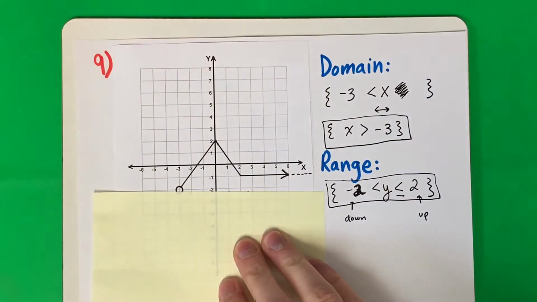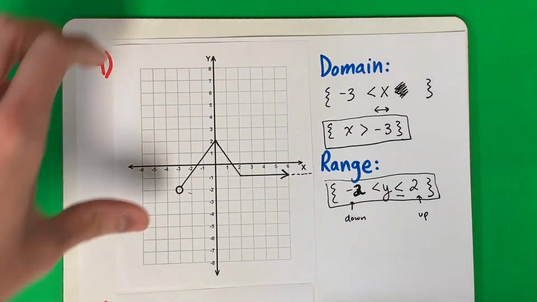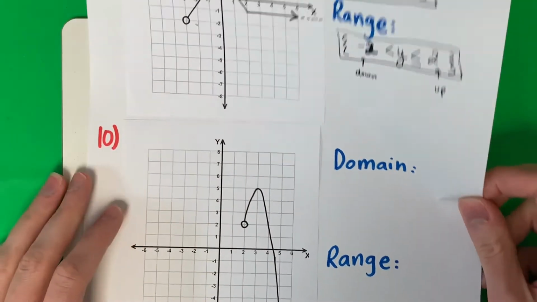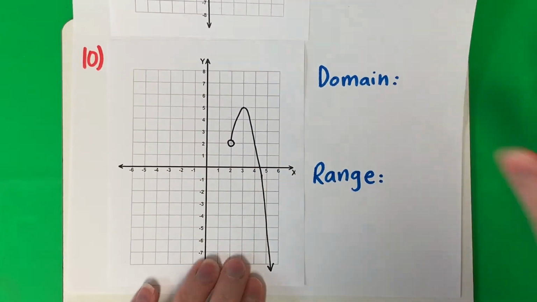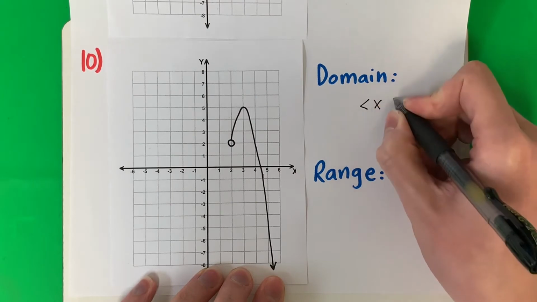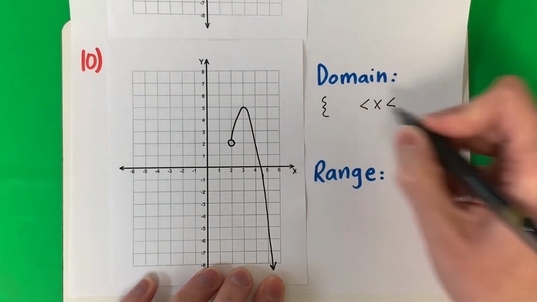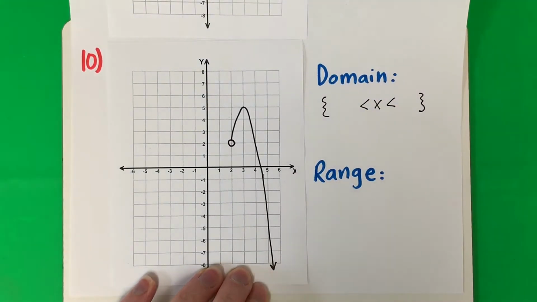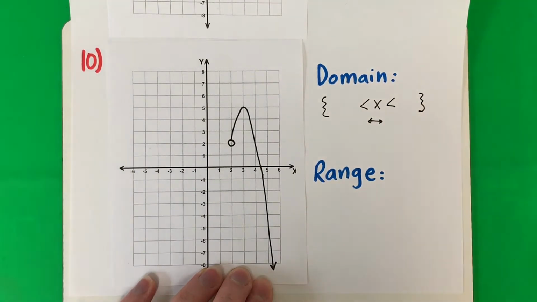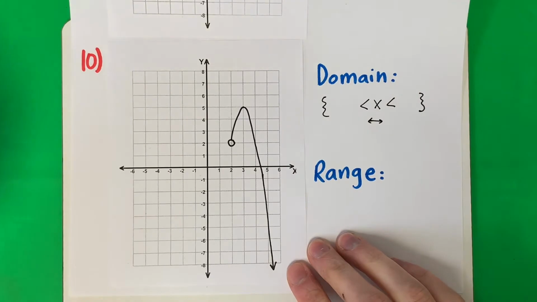Okay, for our final example, question 10. Okay, domain, again, is X. Put your less than on both sides with your braces. All right, so let's go ahead and do that. So X is left and right. So a sticky on the left and a sticky on the right.